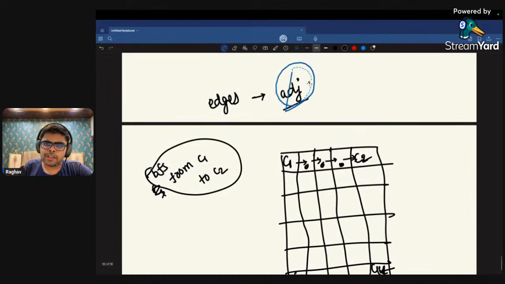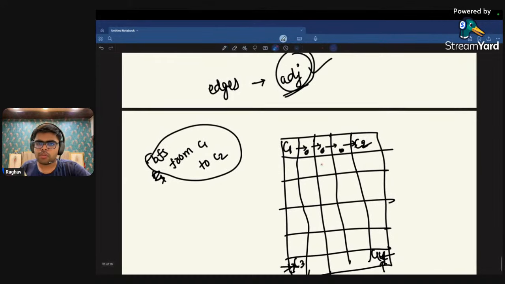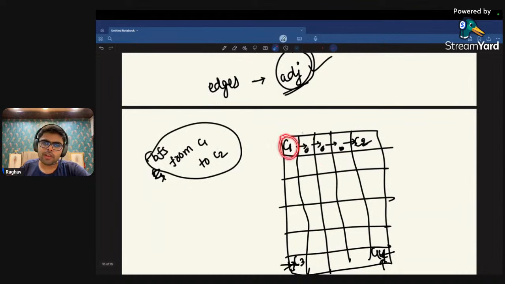Now with the help of this adjacency list, I know about both of the neighbors for C1, and I have already placed one of them. So do I know which guy should come up here? Yeah, I do, because I knew C1 will have two neighbors. I have already placed one of them, so there is only one place where the other neighbor can come.